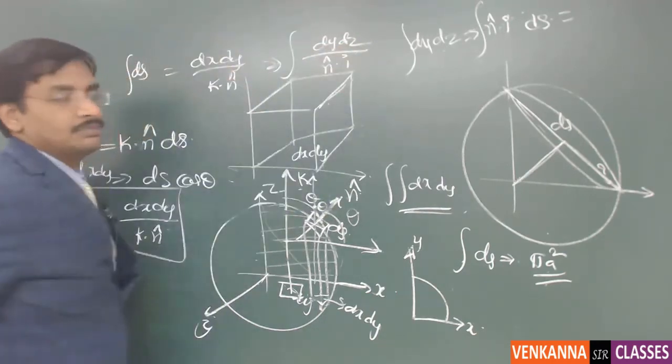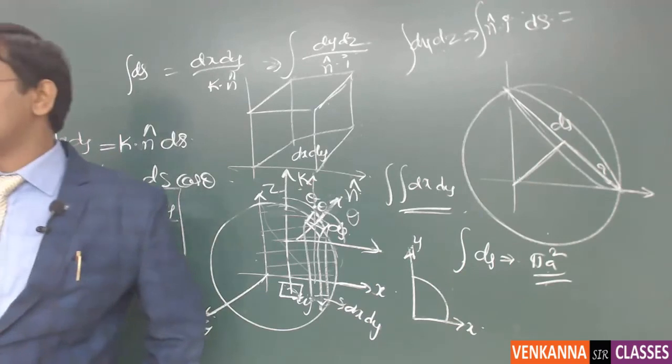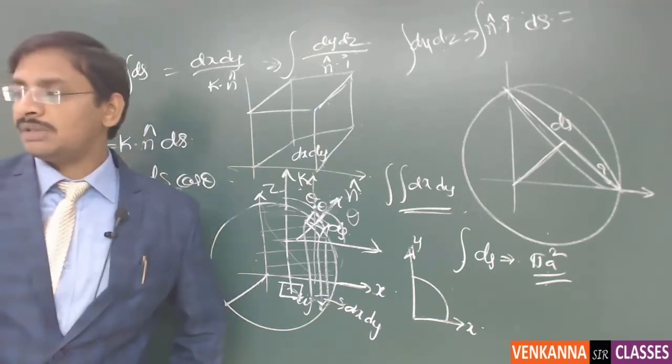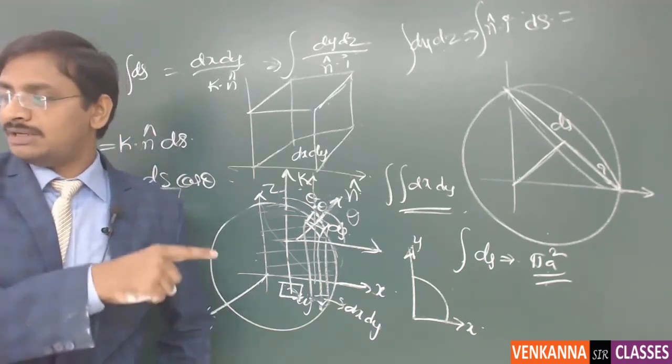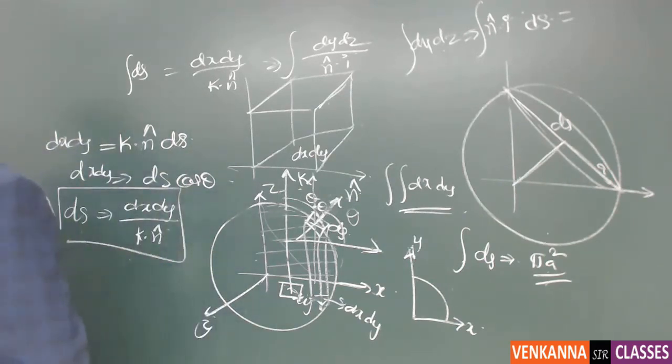Both are the same. Understood, Avinash, now? This is the only methodology. And as and when there is a curved surface, then only this kind of method comes into the picture, because with the known standard method you cannot solve it, because the plane is not parallel to any of the standard coordinate planes. Any other questions?